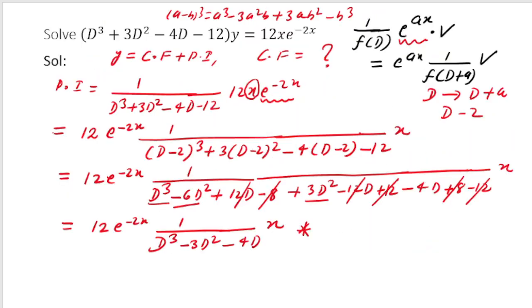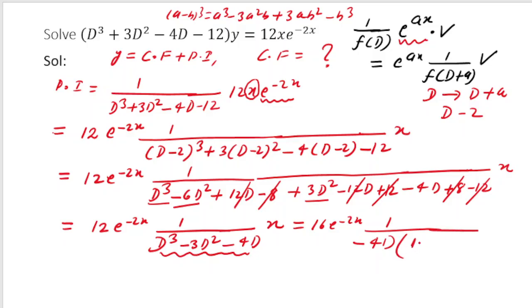So going back to this problem, let me continue with it now. How to solve this problem further? I have to write 16 e to the power minus 2x, and from this, be very careful, I am going to take minus 4D common. If I take minus 4D common, what I will get?